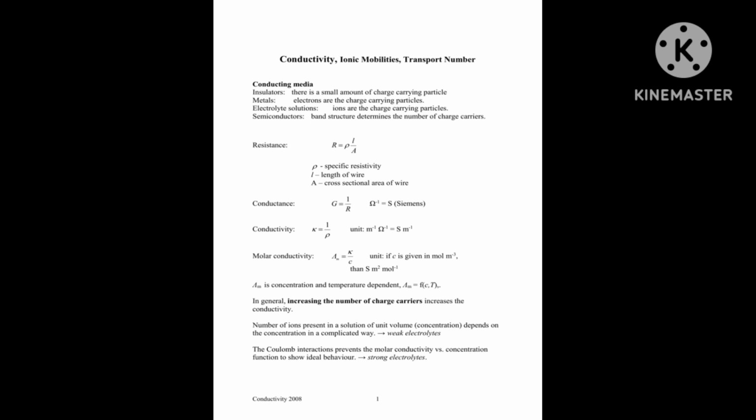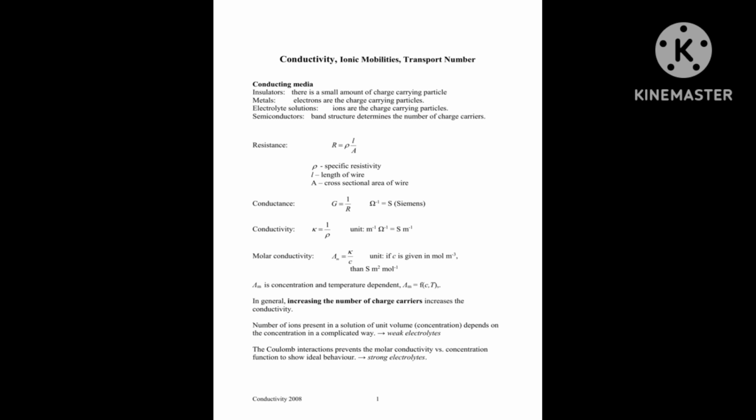You can convert into centimeter also. Siemens per meter is there. If you want to calculate in centimeter, then you have to multiply by 100. Or you can say that you have to calculate in meter, then centimeter you can easily convert.